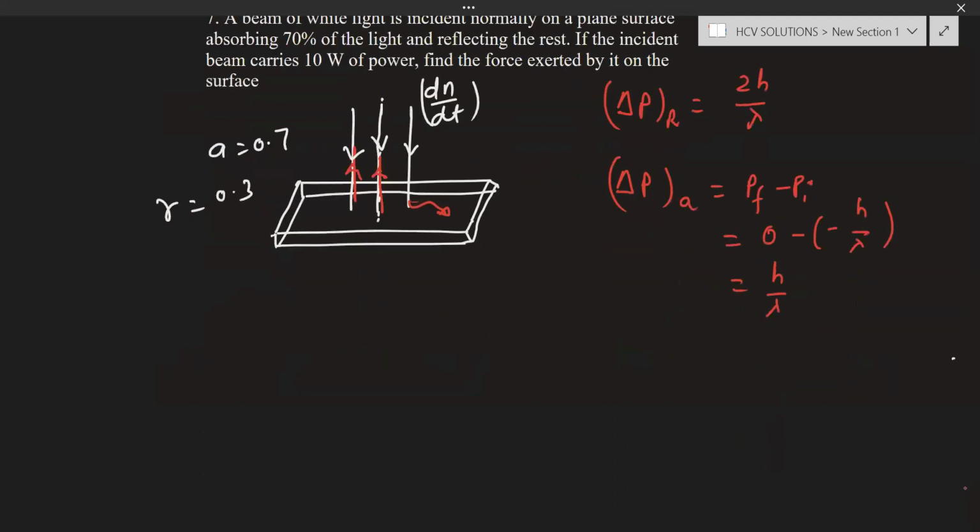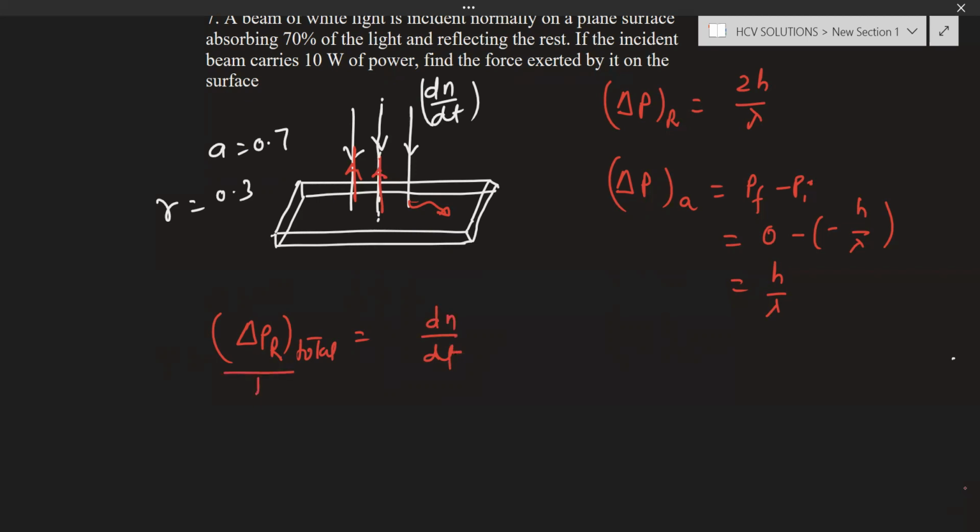Now for the total momentum change, we multiply by the number of photons per unit time, dn upon dt.